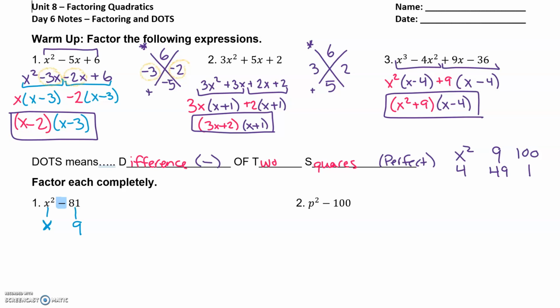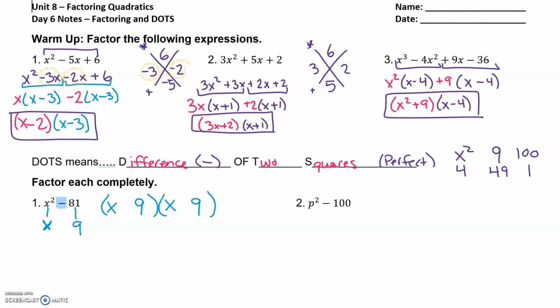So when we factor this, I need both of those perfect squared terms, the x and the 9. So what we do is we write two sets of parentheses for our two factors. The x, which is the perfect square of x squared, goes in the first spot for both of those, because if I multiply x times x back together, I'm going to get x squared. The 9 is going to go in the second place, because 9 times 9 would give me that 81.